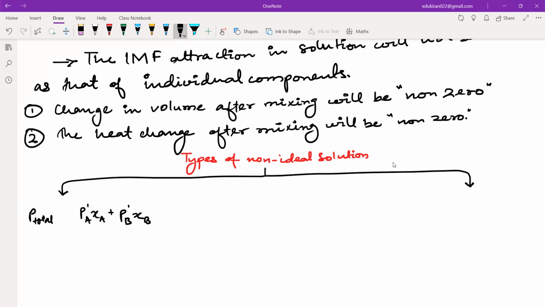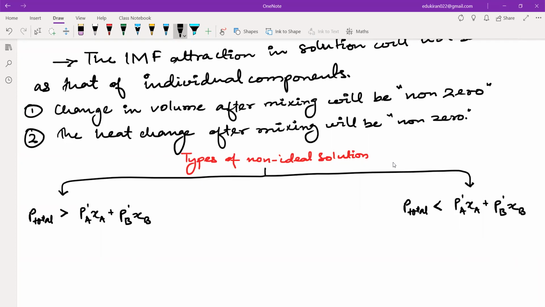One case can be that you are getting the P total that is greater than the calculated one, and there can be another case in which the P total, that means the measured one, is lower than the calculated one. Now see how they have named these.